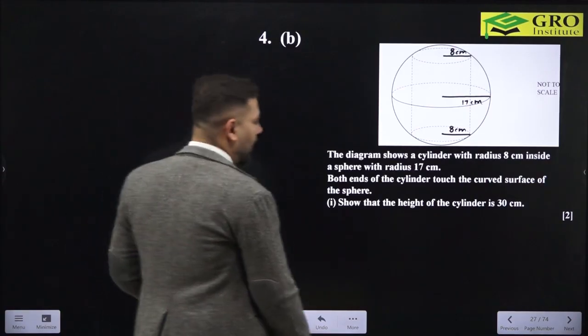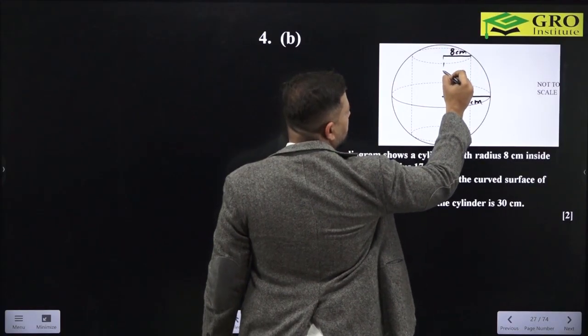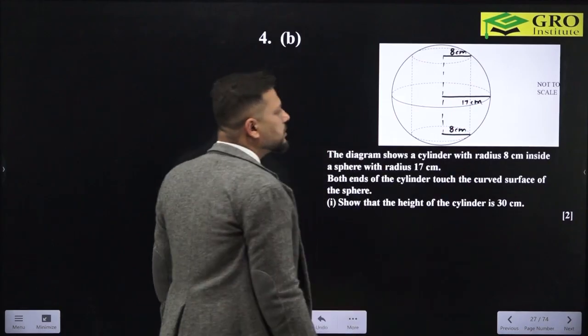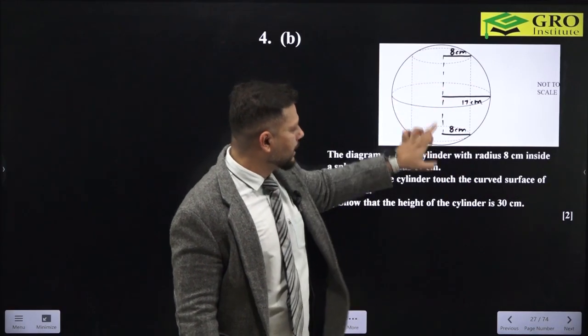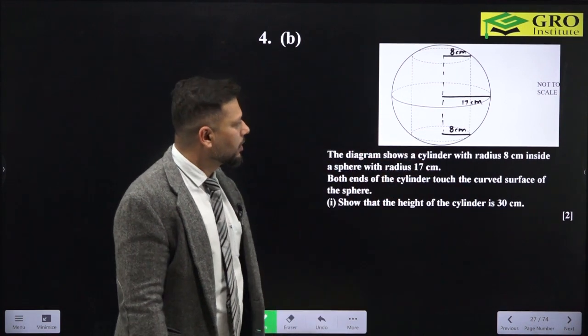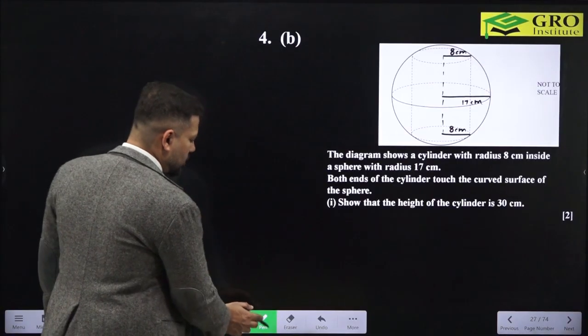If I talk about the height, guys, what would be the height? Height of the cylinder is this, isn't it? This is the height of the cylinder. So we need to show that from this point till this point, the height is 30 centimeter. So what should we do for that, guys? Let us first analyze this figure.